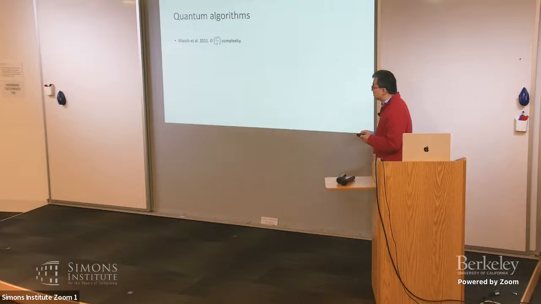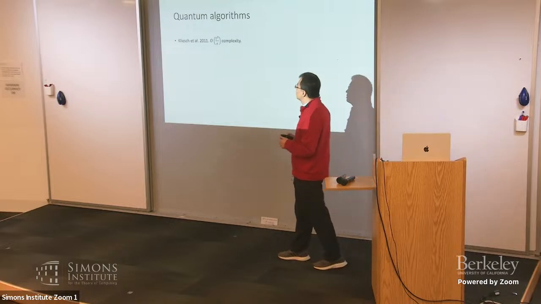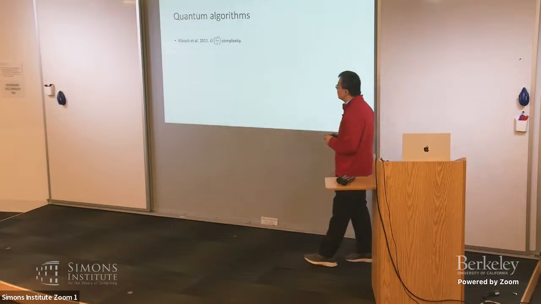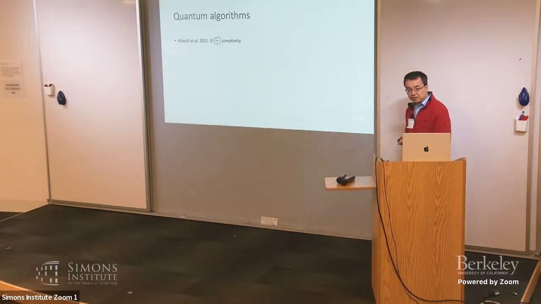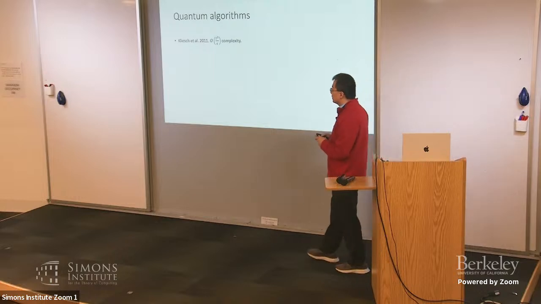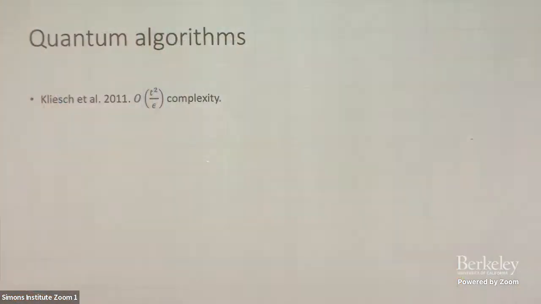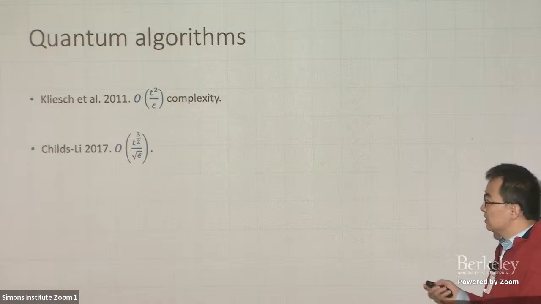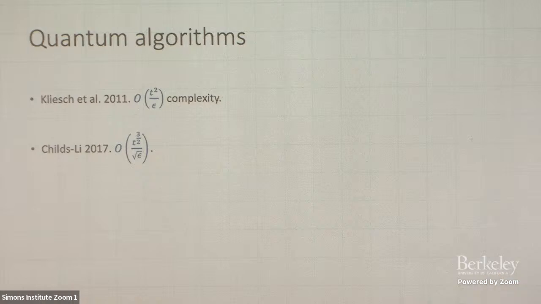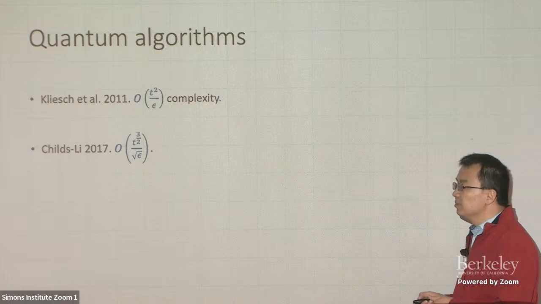I think probably the first paper where the algorithms for Lindblad equation is designed is this 2011 paper. The complexity of this in terms of the time duration and the precision parameter is order t squared over epsilon. Later on, Kraus and Li, this is not me, it's Tongyang Li, in 2017, proposed two quantum algorithms.